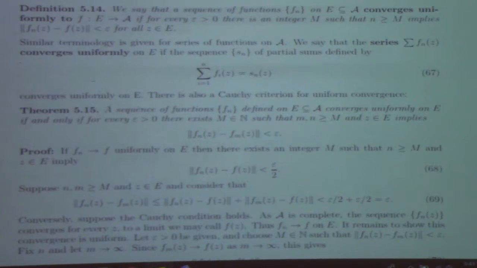And so the theorem, among others, that we were able to prove was that if we have uniform convergence of a sequence of functions, then we get this Cauchy criterion essentially, right?